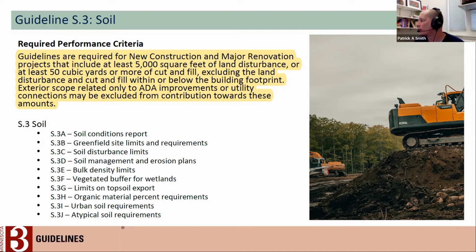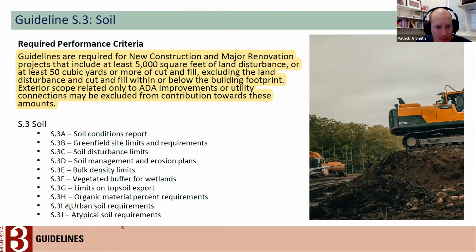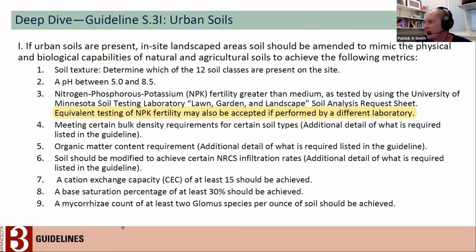Specifically on urban soil, so this is under Part I, S3I, urban soil requirements. Just to note that we ask for the U of M soil analysis request sheet, which is typically lawn and garden, like even a homeowner lawn and gardener could get an NPK test from them for that.